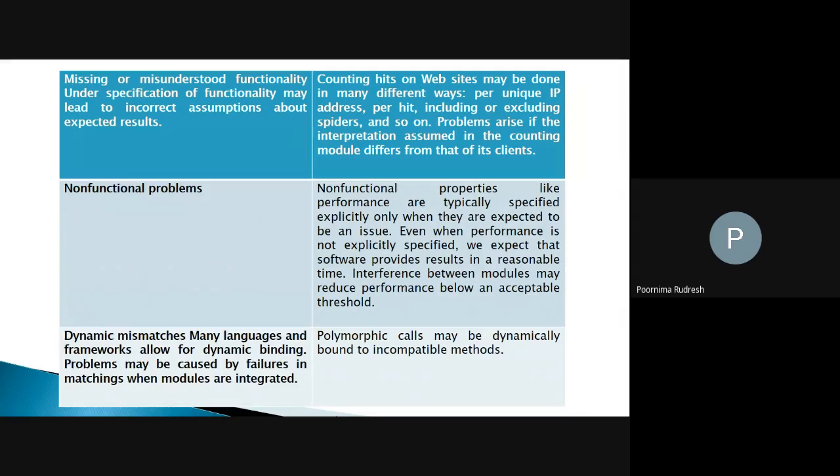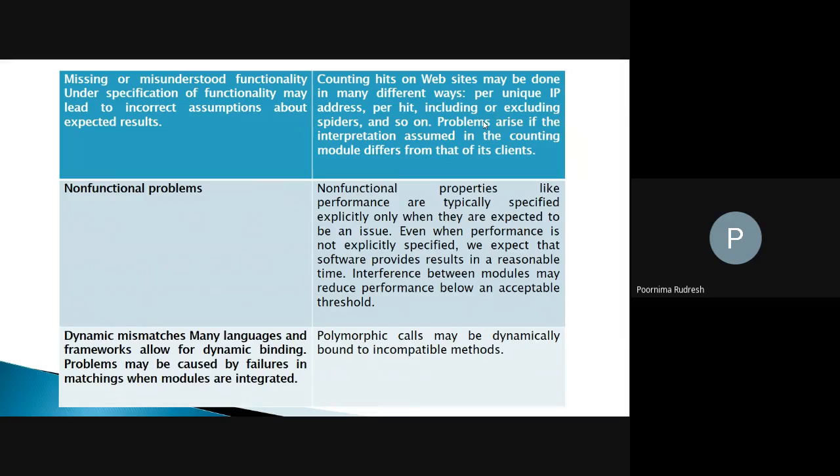Next one is missing or misunderstood functionality. Under-specification of functionality may lead to incorrect assumptions about expected results. Here, counting hits on websites may be done in many different ways: per unique IP address, or per read, including or excluding spiders, and so on. For example, when you are browsing a particular website, you can see the number of hits. How we consider the number of hits, or how many times that website is opened or used, depends on the unique IP address or per read.